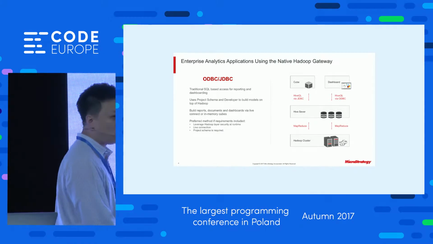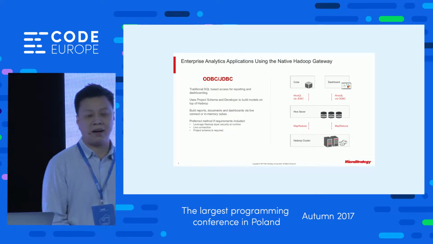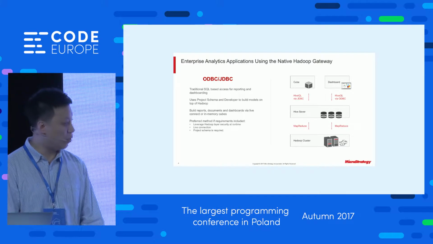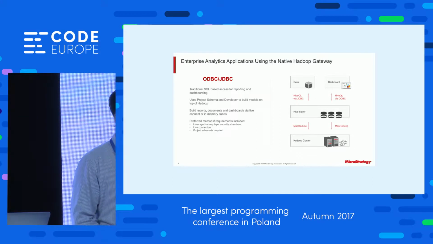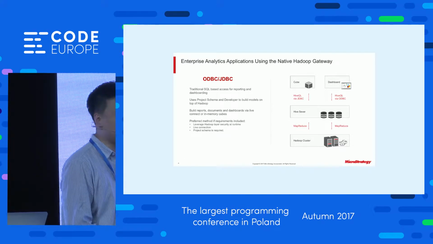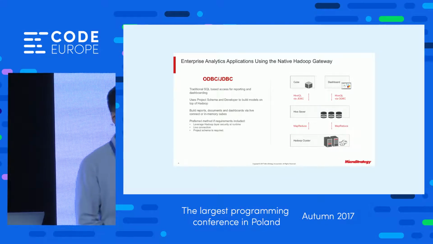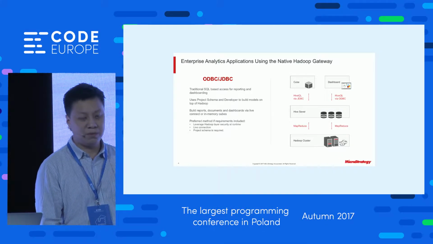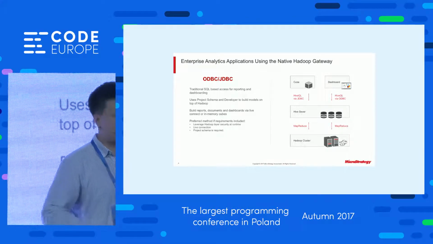First of all, all the data in the Hadoop system needs to be organized as Hive tables or some logical tables so that existing or downstream applications can consume the data from the Hadoop system, because a lot of data on Hadoop is unstructured, like social media data or stream data.